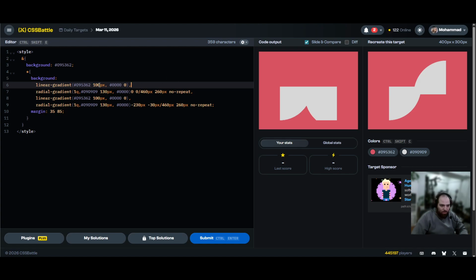It's going to interfere with it, but this one's going to be inverted, so it's going to be transparent at the top. And instead of 100, it's going to be 130.